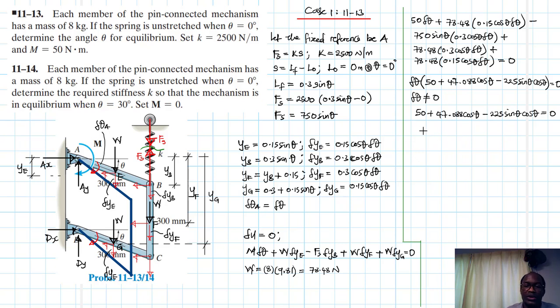Using the numerical technique, I'll represent this as a function of theta equal to 0, and then I will have the domain from 0 degrees to 90 degrees. Imagine we are on the number line, the solution lies at the point where we have 0. So we need a theta that will give us a function that is positive and a theta that will give a negative, and then we start doing the iteration so that we get closer to a solution.